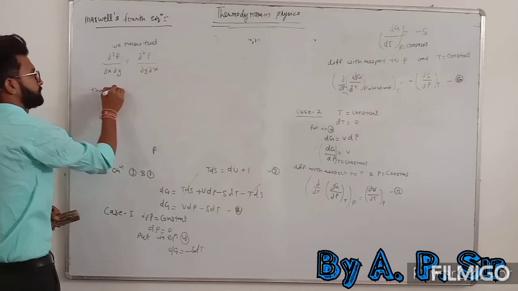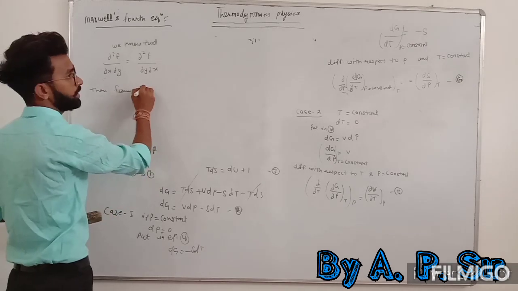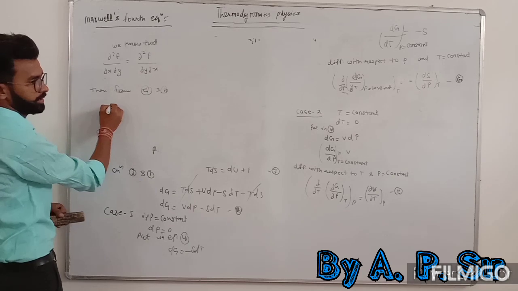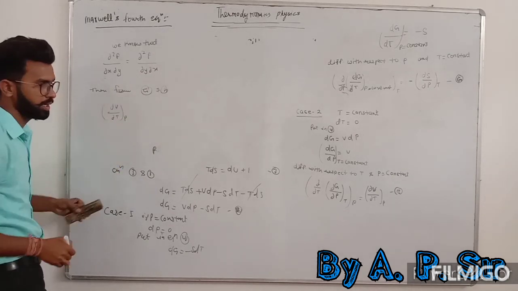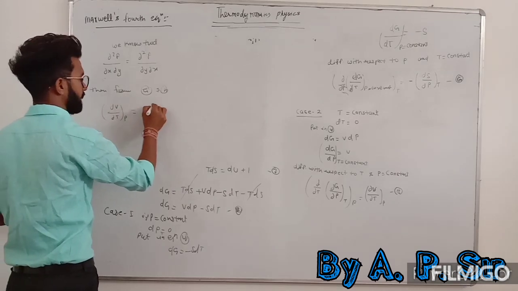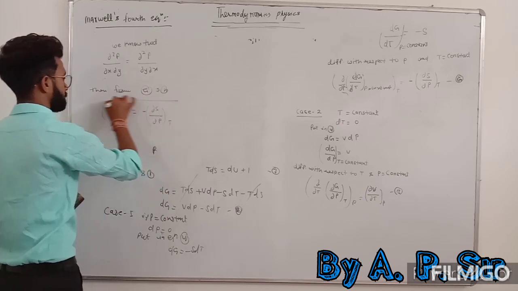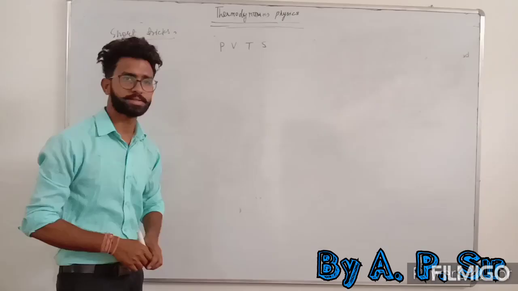Then from G and H, del V upon del T at P is equal to minus del S upon del P at T. This is the equation 4th of Maxwell.